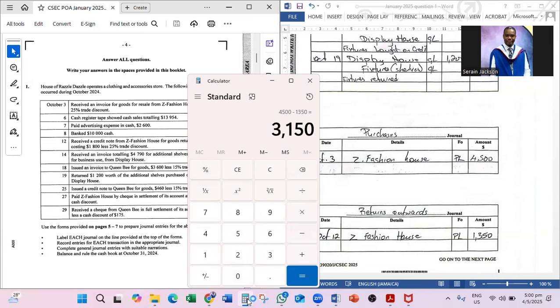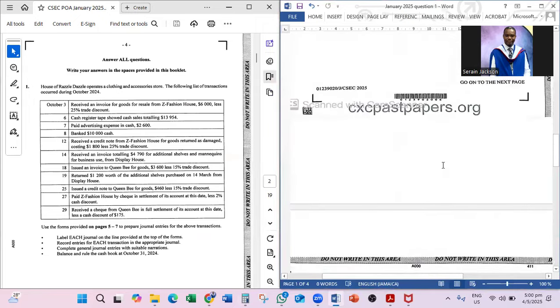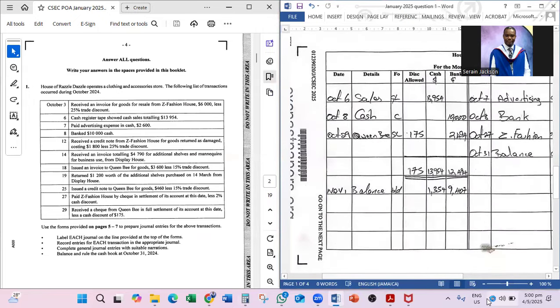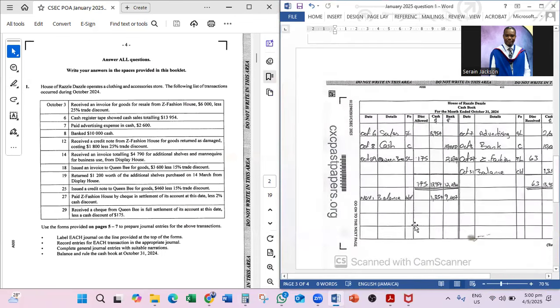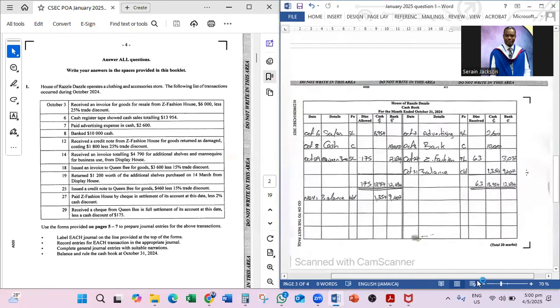Because you are paying them early, you are settling your account early, businesses normally give cash discounts when their customers settle their accounts early, or on the stipulated time. The cash discounts would obviously be recorded in the cash book. So we go to our cash book, and the fact that we are paying money, it would appear on the credit side of the cash book.